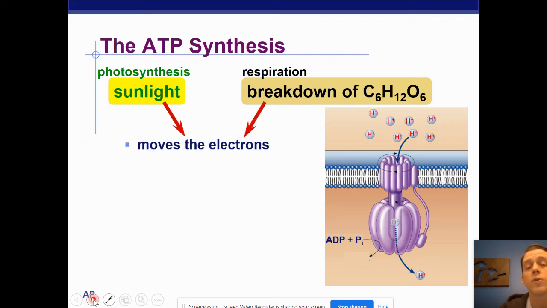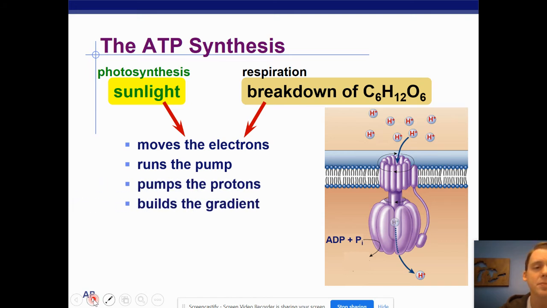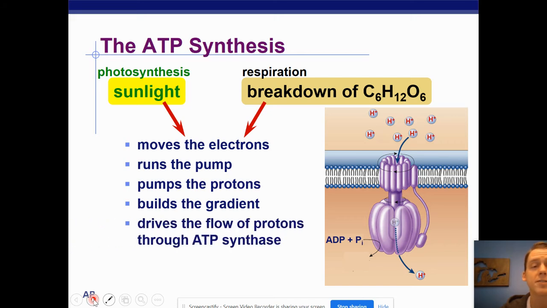However, whether it's glucose, whether it's sunlight, we are moving electrons, we are running a pump, so hydrogen ions are getting pumped. We are building a gradient in a small space, intermembrane space for respiration, inside the thylakoid for photosynthesis, and it is going to drive the flow of protons through the ATP synthase, which will work in the same way.